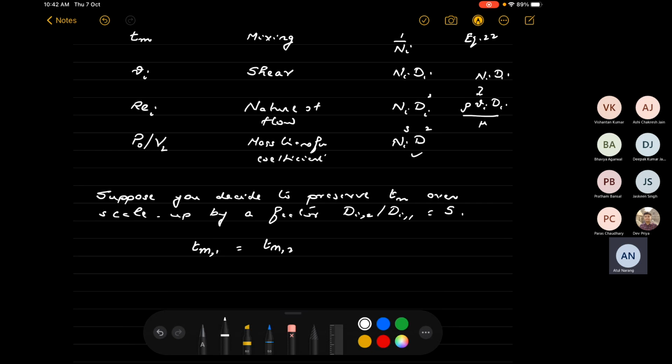So I'm saying that I have, let's say, increased my diameter by a factor of 5. And over that 5-fold increase in the diameter, I insist that I want to keep the mixing time the same. Correct?